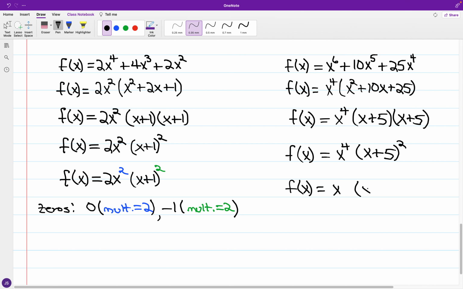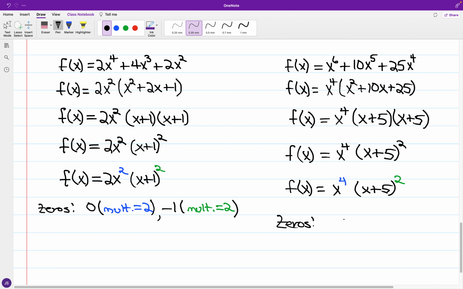Again, just emphasizing the degrees: x is raised to the 4th, x plus 5 is squared, and the degrees will signal what the multiplicities of the corresponding zeros will be.